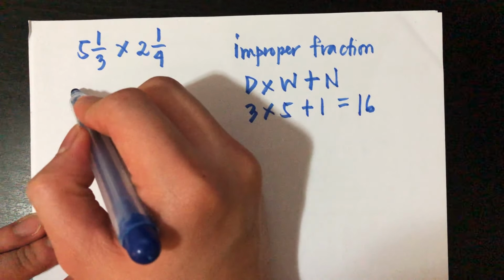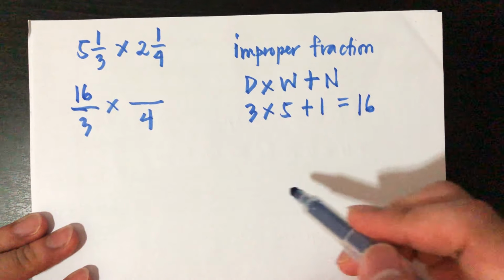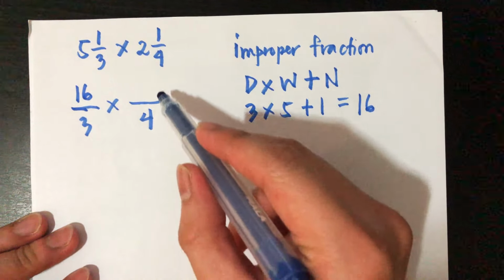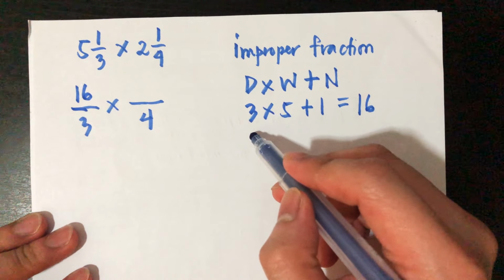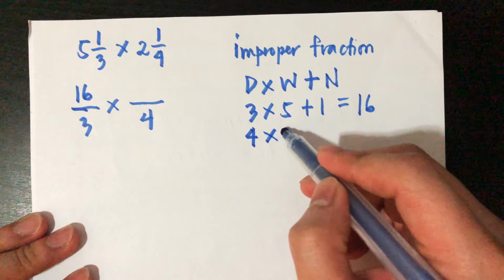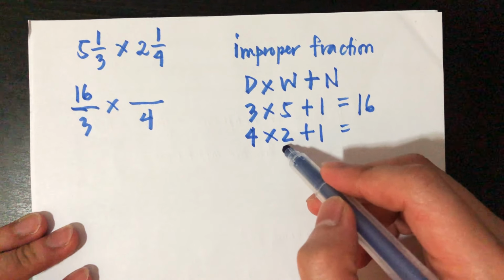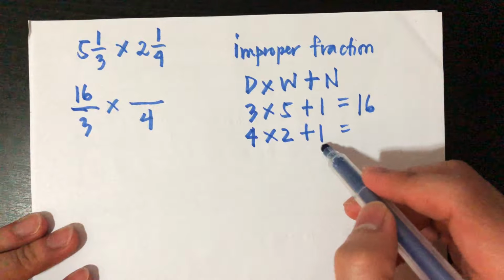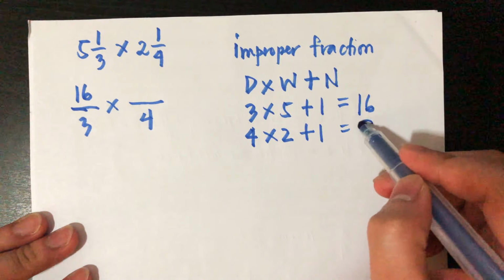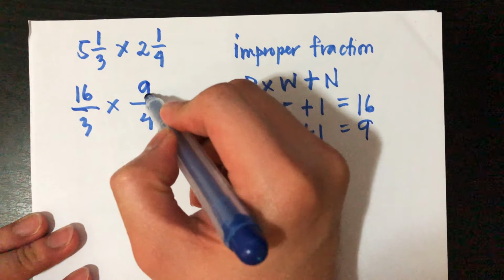So therefore this is 16. And for the second one, we have 4 times 2 plus 1. So we have now 4 times 2 is 8 plus 1 is 9. So this is 9.